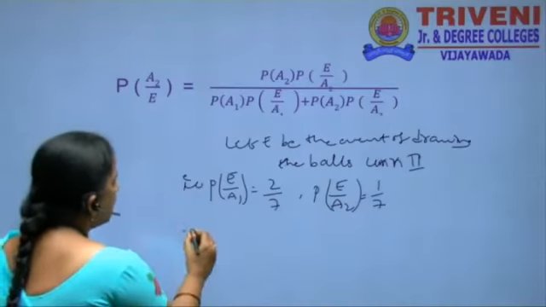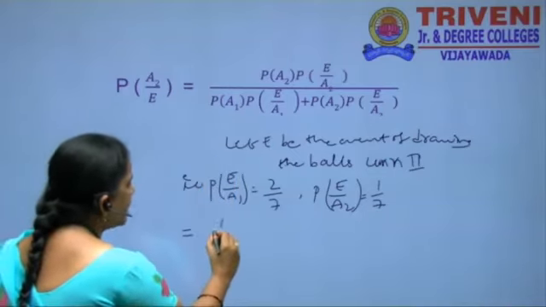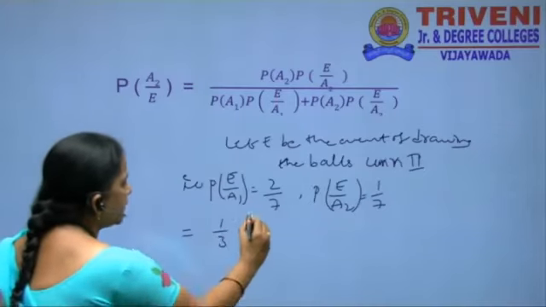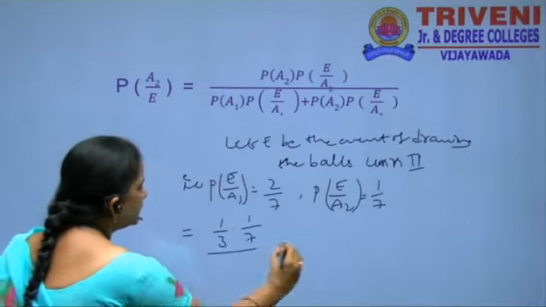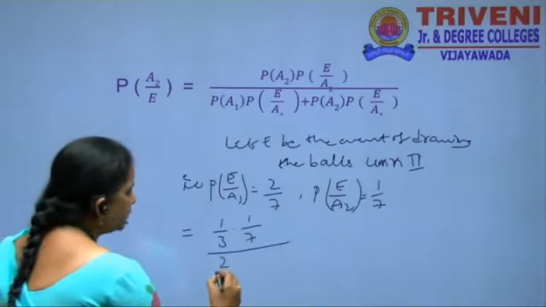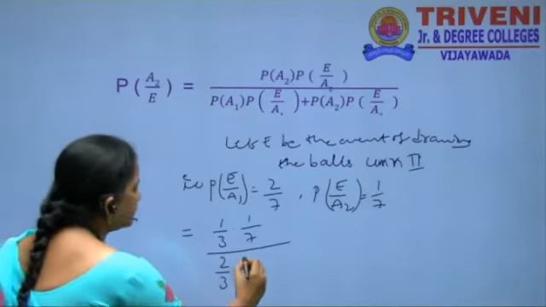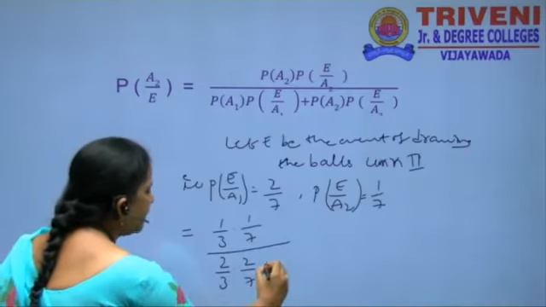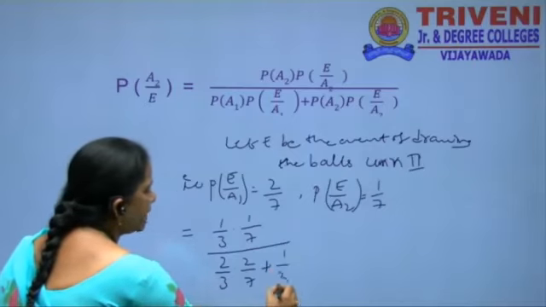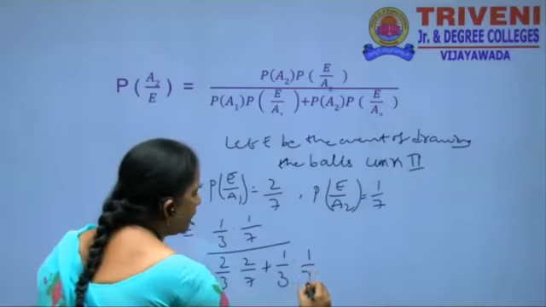Substituting here, what do we get? P of A2 is 1 by 3 into P of E by A2, which is 1 by 7, divided by P of A1, which is 2 by 3, and P of E by A1 is 2 by 7, plus P of A2, whose value is 1 by 3, and P of E by A2 is 1 by 7.